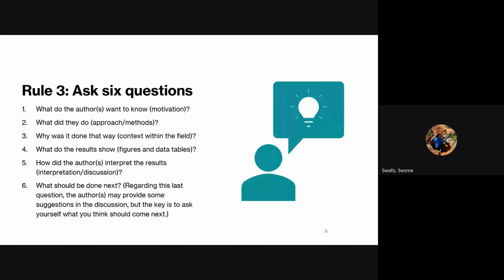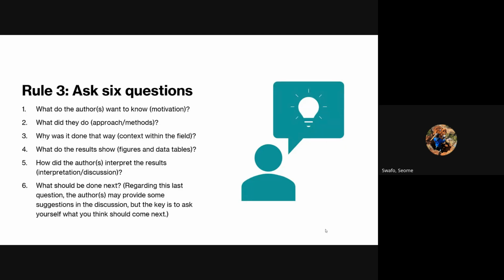And then you also go to the context within the field. Why did they approach this in this way? And then you also go to the results. Do the results speak to the way they did it? And then you ask yourself, how did these authors interpret the results?